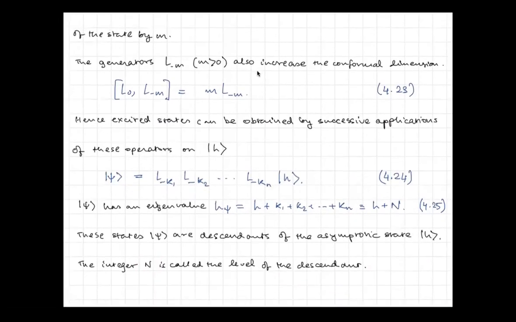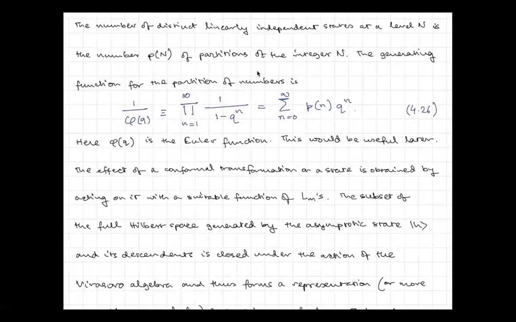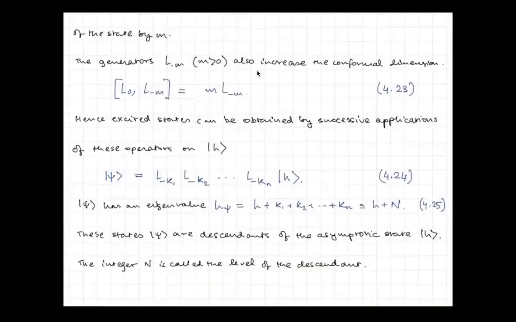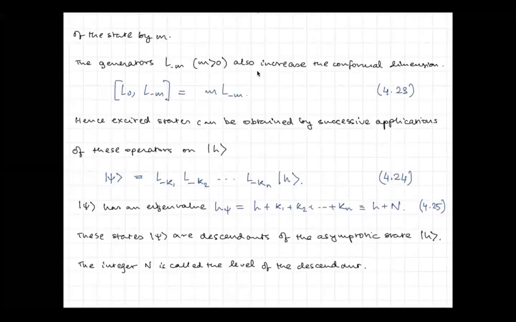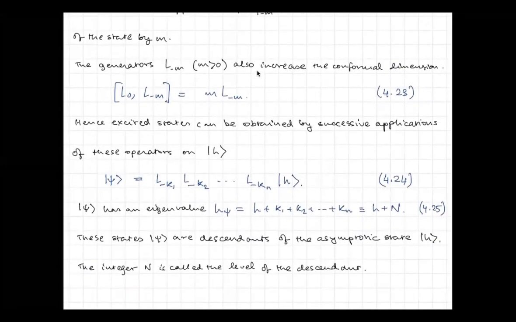Okay, very good. So the number of distinct linearly independent states at a level N is clearly going to be the partition of the number N. Okay, so for example, let me just write this down here. Or maybe let's take another page.